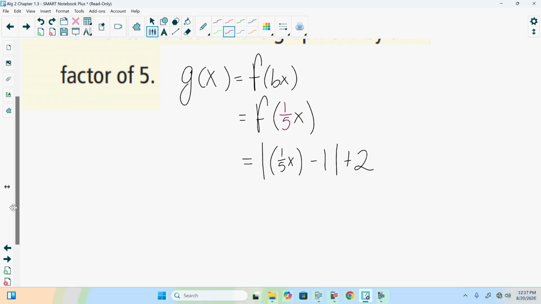We're going to replace the x in the equation with 1 over 5x.